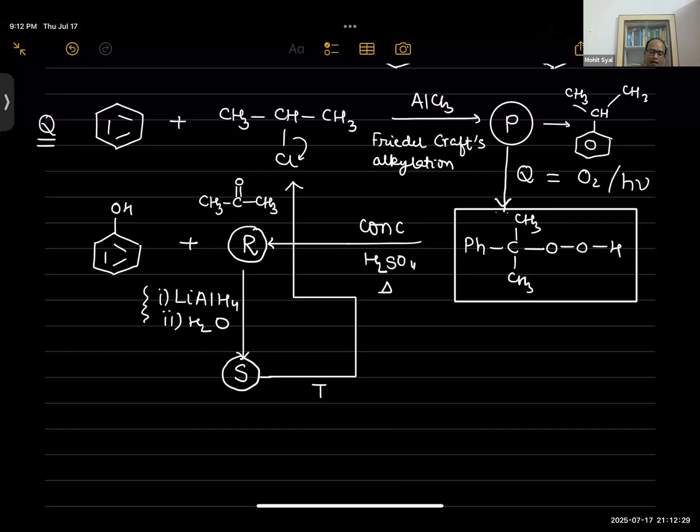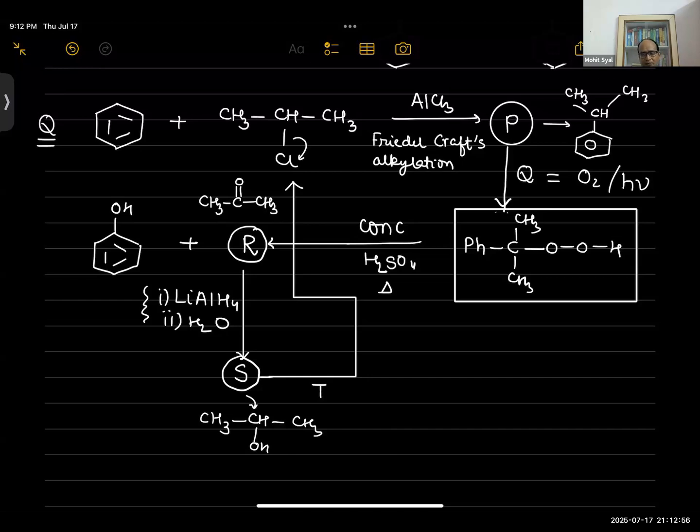We have reacted R with LiAlH4. So that will get converted to an alcohol. Yeah, this will convert into alcohol. It is isopropyl alcohol. You just don't put double bond O, make it single bond OH. Got it? This is the structure of S, right?